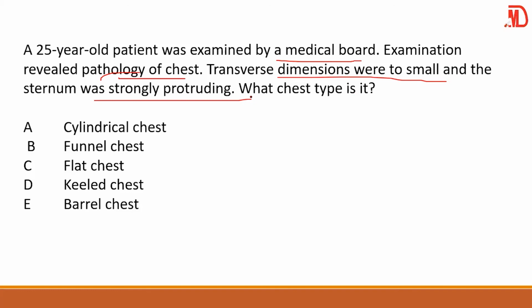Then we now have the barrel chest. This refers to an increase in the anterior posterior diameter of the chest wall, resembling the shape of a barrel. It's most commonly associated with emphysema.